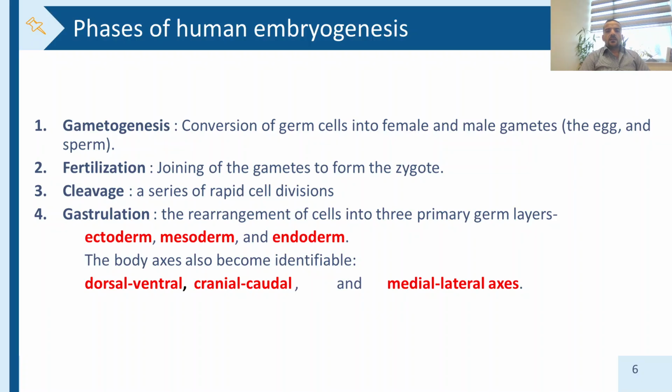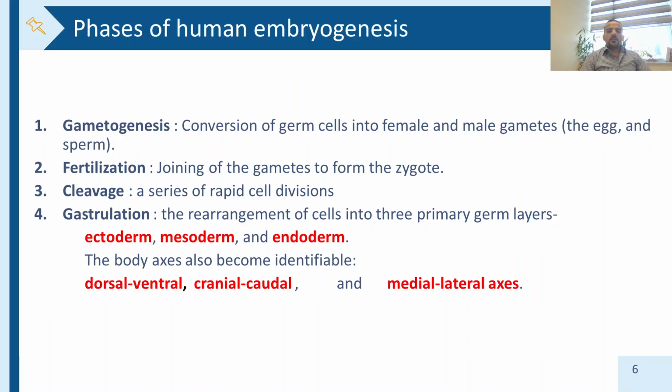The first one is gametogenesis وهي عملية تكوين الجاميتس، والمقصود بالجاميتس هو الأوسايت in the female والسبام بالميل. The second stage هي مرحلة الفرتيلايزيشن أو عملية الإخصاب joining of the male and female gametes to form the zygote. المرحلة الثالثة هي مرحلة الكليفج، مرحلة الانقسام أو الانشطار a series of rapid cell division.